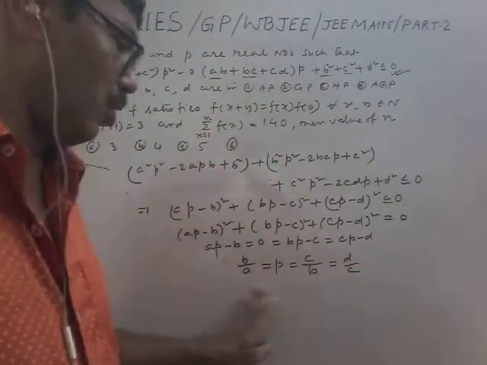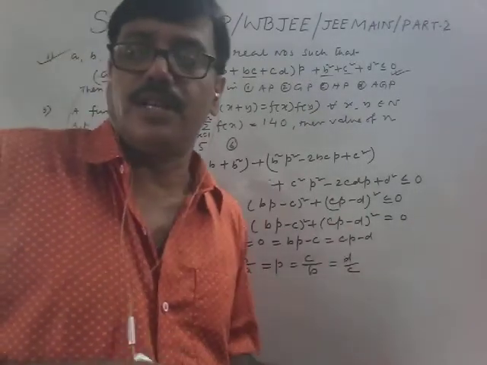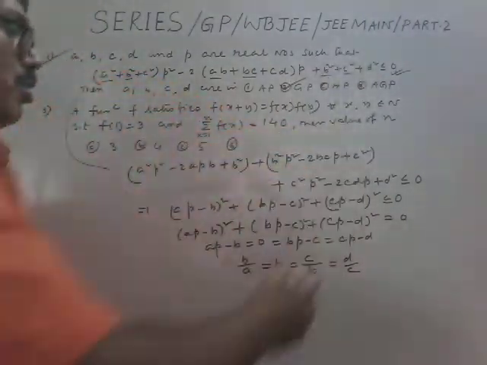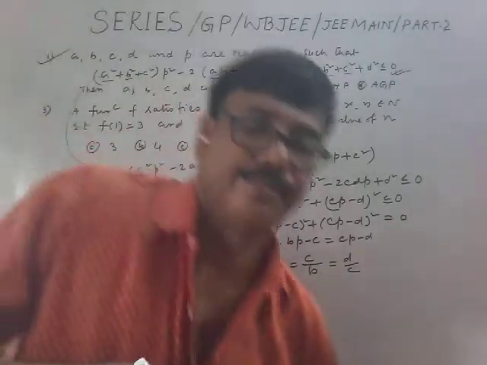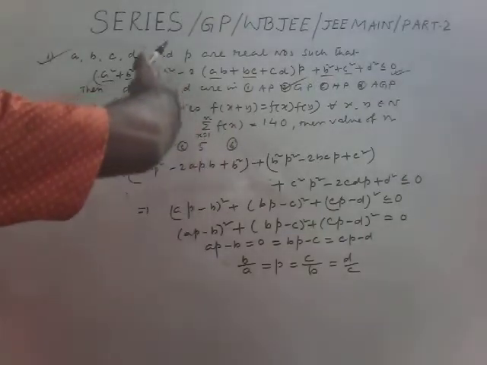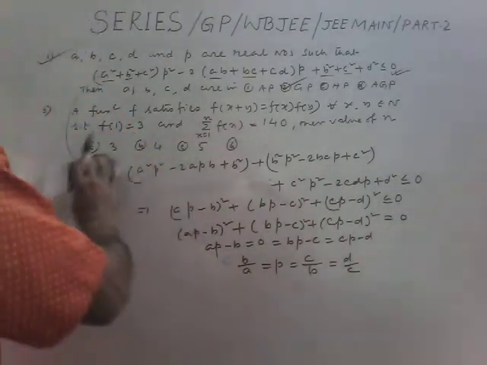So if the ratios are the same, b by a, c by b, d by c, then a, b, c, d are in GP. So option number 2 is the correct option. So our main aim is to express it as a sum of 3 squares.